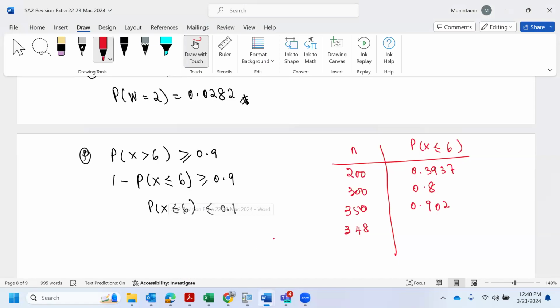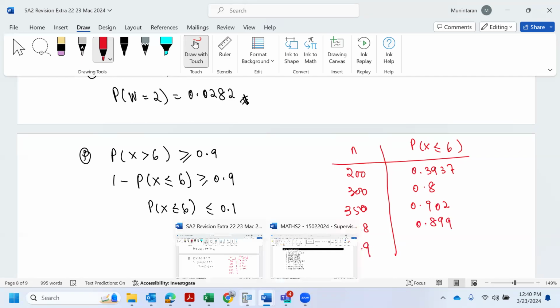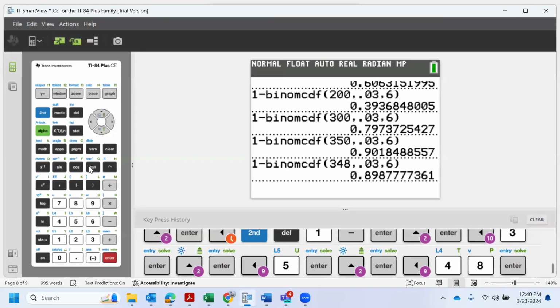0.899. So we want the first time to be more than 0.9. So what I'm going to do is between these two, obviously just try with 349.